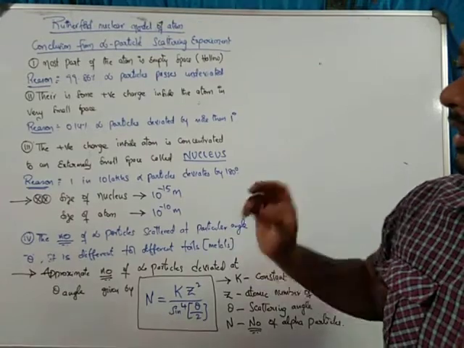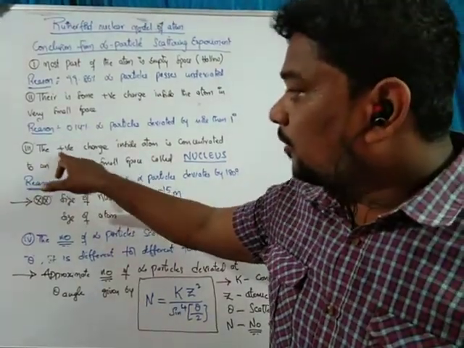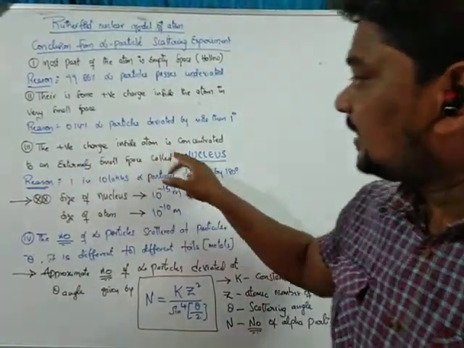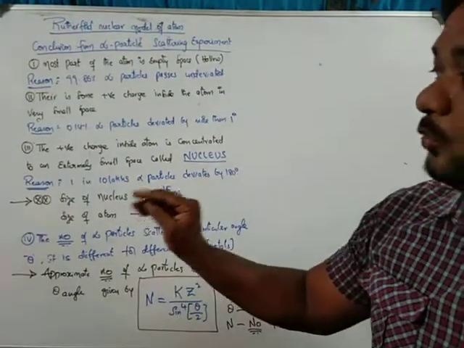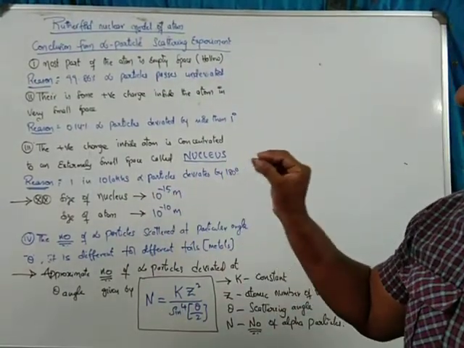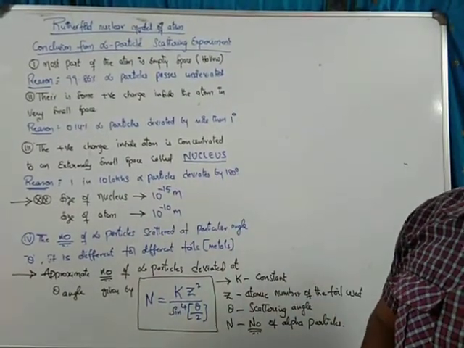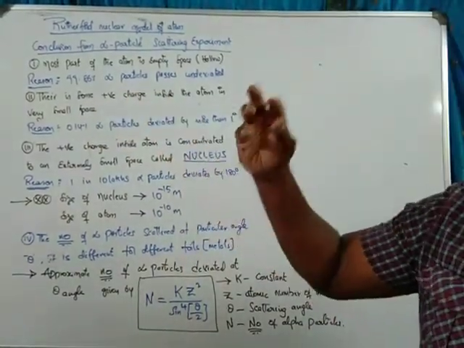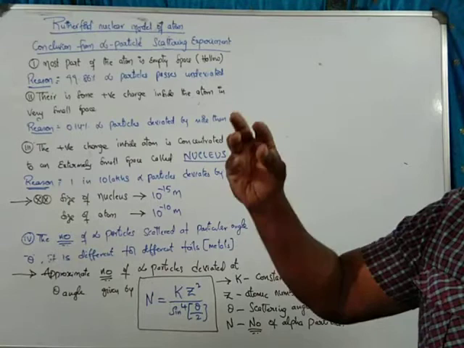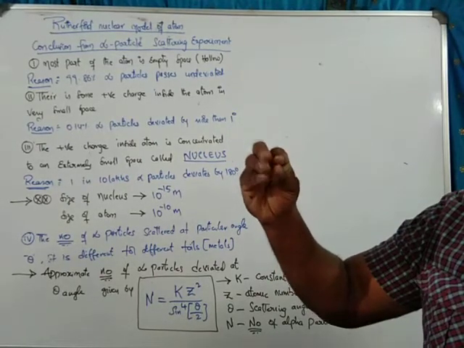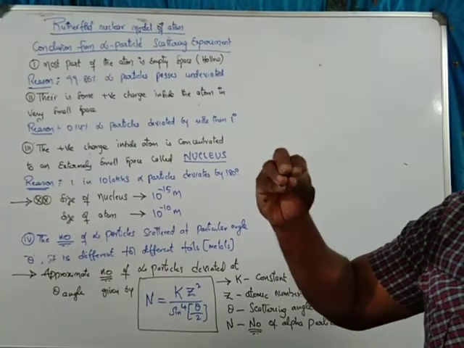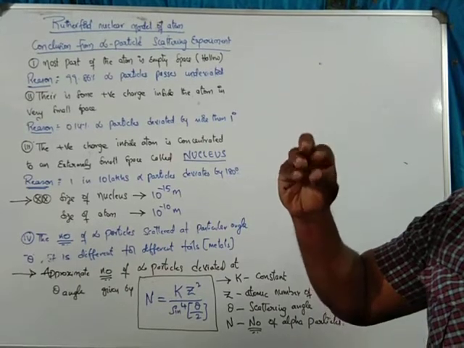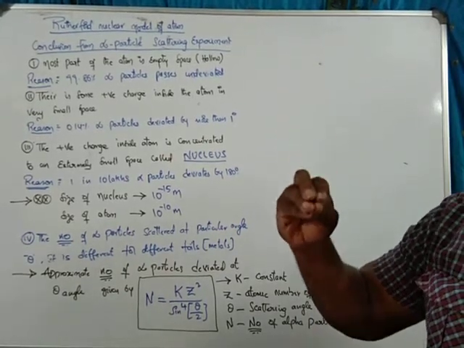This is clear. And third point: the positive charge inside the atom is concentrated in an extremely small space called the nucleus. Already we stated in the second reason there are some positive charges. Those positive charges are all together, placed at the center, which has more density.